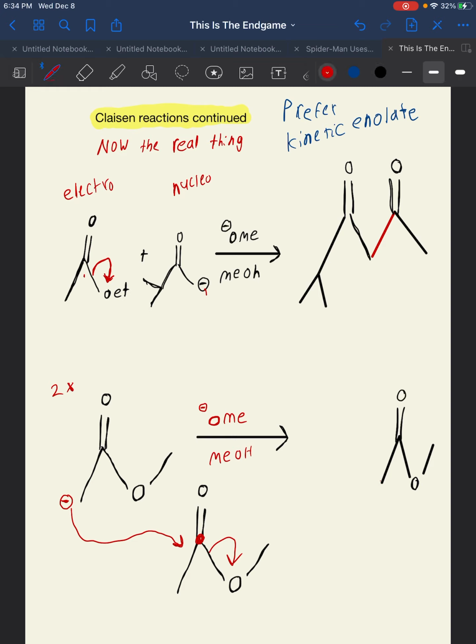New bond in red. And that would be your product for this reaction.